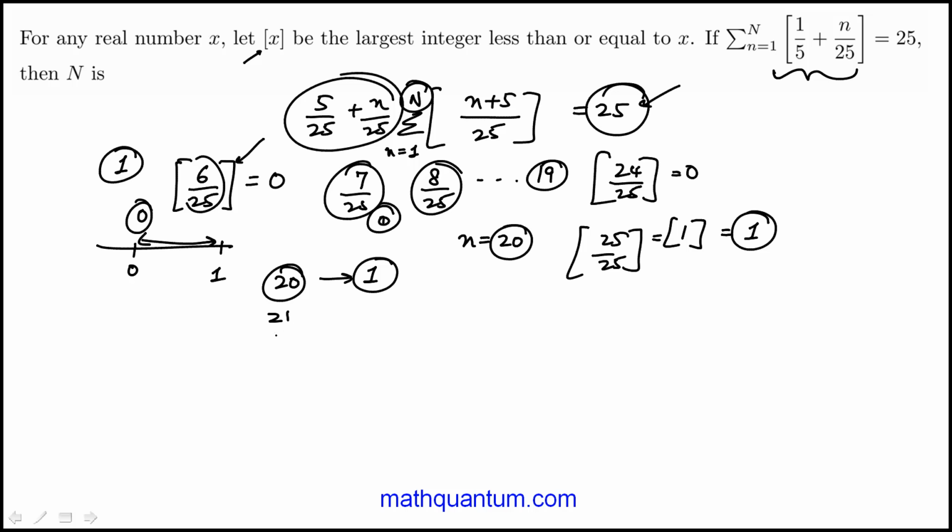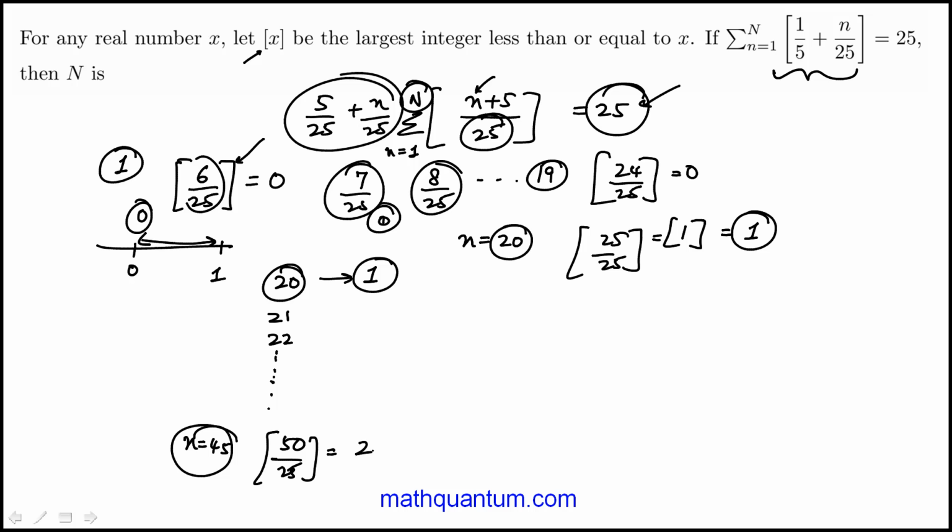21 would be the same, 22 would be the same, and we just need to be less than 2, meaning all those contributions. So if we go up to, let's say, this was twice that, would be 50, so 45. So if n was 45, this would be 50 over 25.